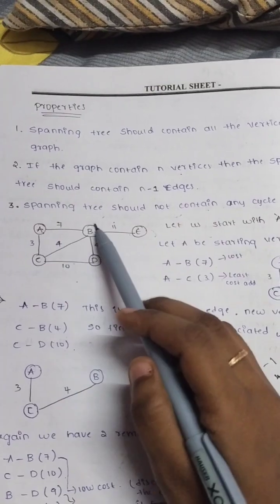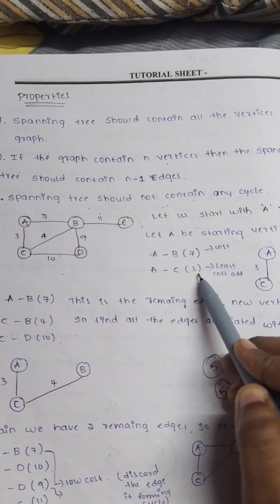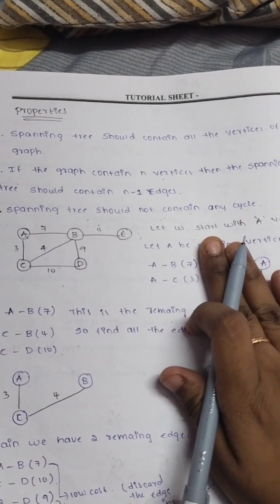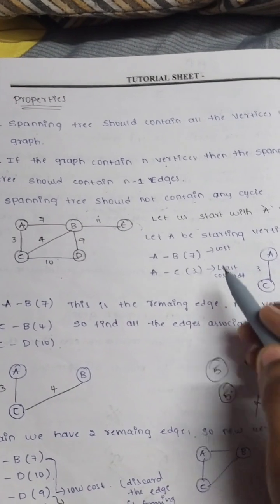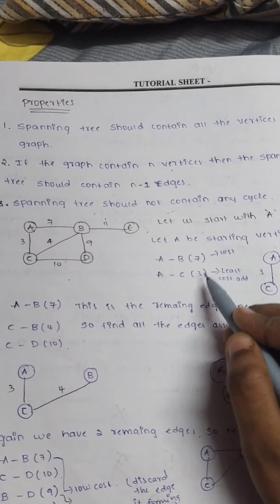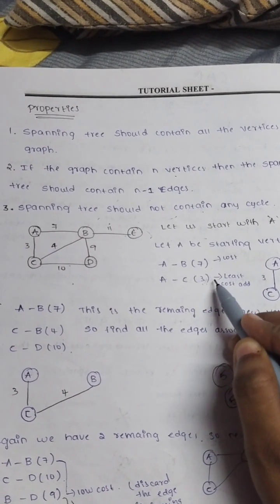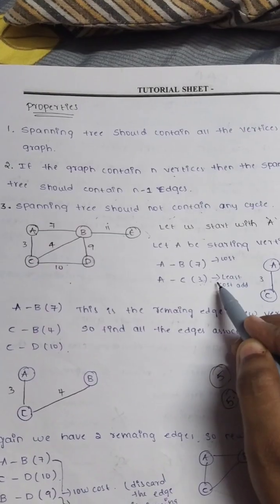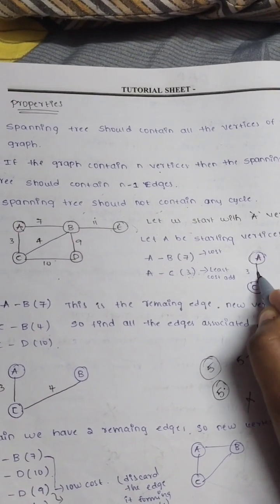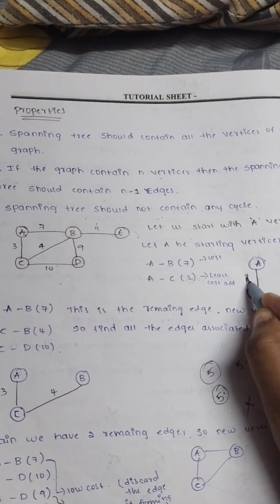We consider only A to B and A to C. From these two, 7 and 3, we select the least cost. 3 is the least cost, so we take this edge and add it to the spanning tree.